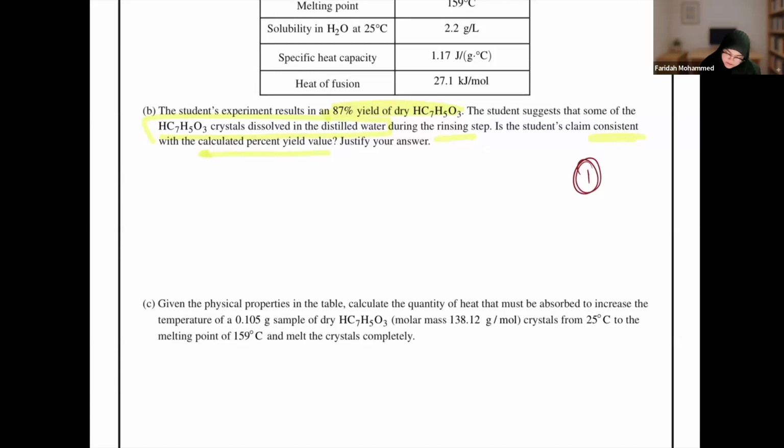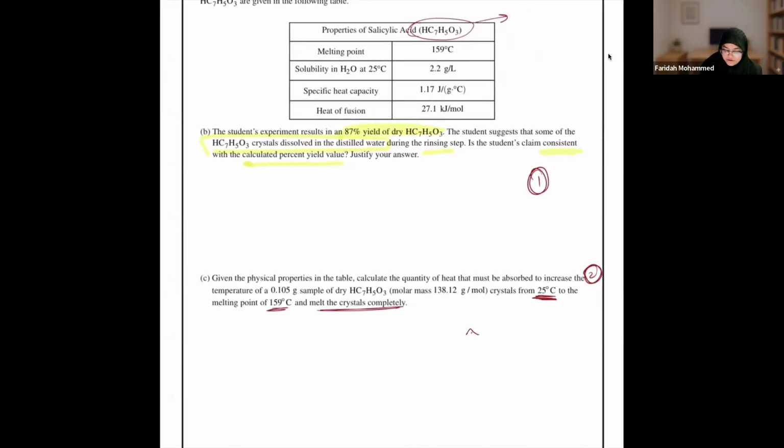Now, given the C. So C has 2 points. You want to find the Q, right? You start from 25 degrees Celsius to the melting point and you melt the crystal completely. So if you draw the graph, first you increase to the melting point and then you melt it.